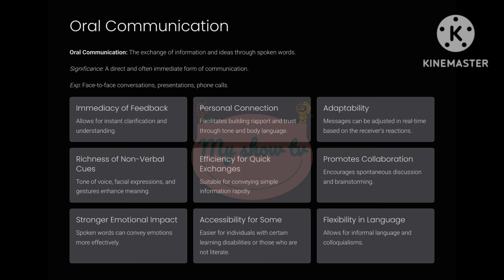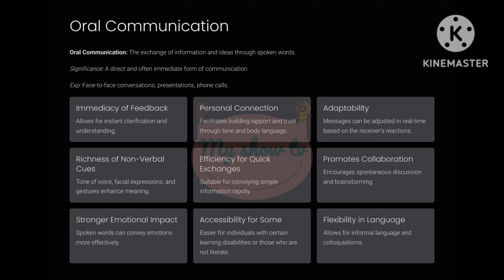Here are some key advantages of oral communication. 1. Immediacy of feedback. One of the biggest advantages is that it allows for instant feedback. If the receiver doesn't understand something, they can ask for clarification right away, leading to better understanding. 2. Personal connection.